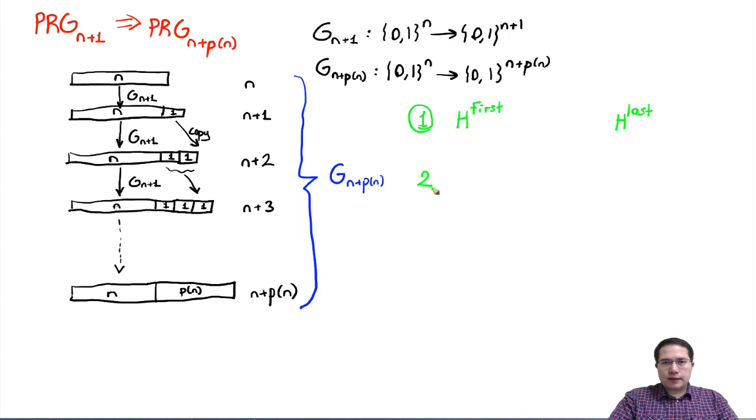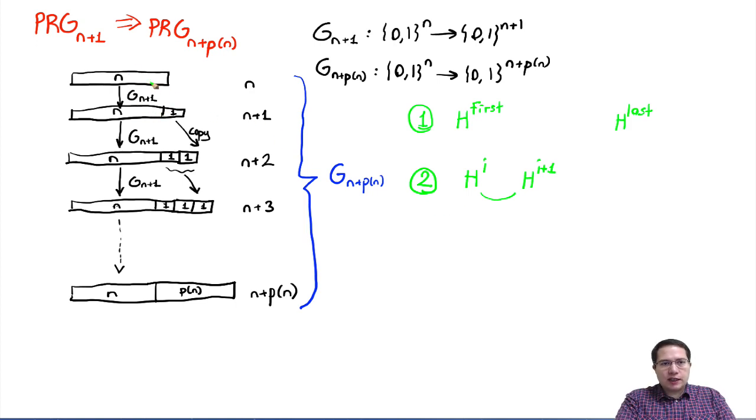So we will define the second rule that says consider two neighboring hybrids, Hi and Hi plus 1. Distinguishing these two hybrids should mean breaking some underlying scheme, some underlying assumption. Remember, we said hybrid proofs, one of the main uses of them is when some primitive is repeated multiple times.